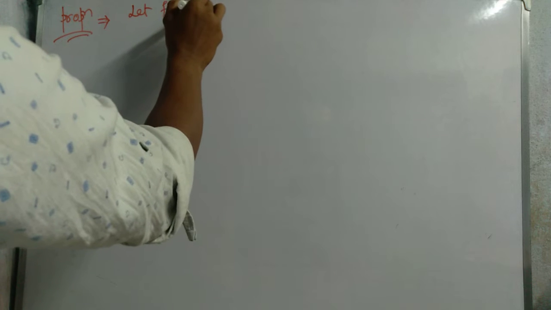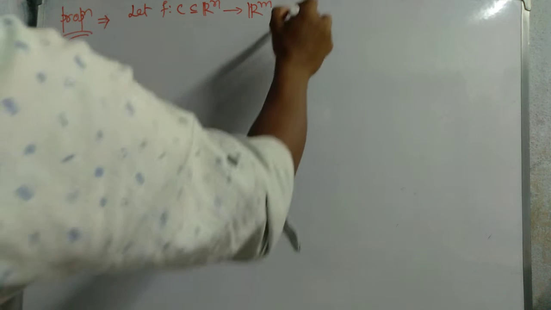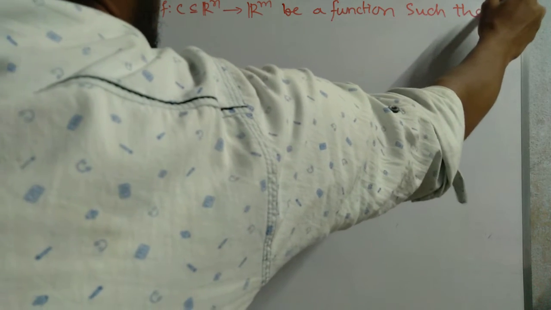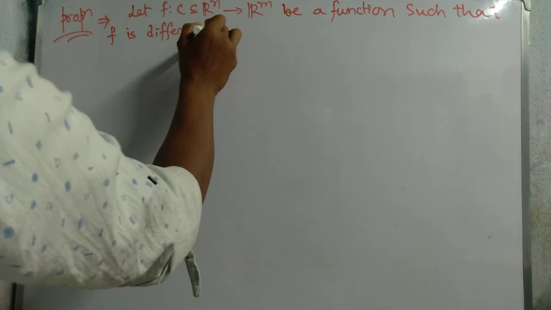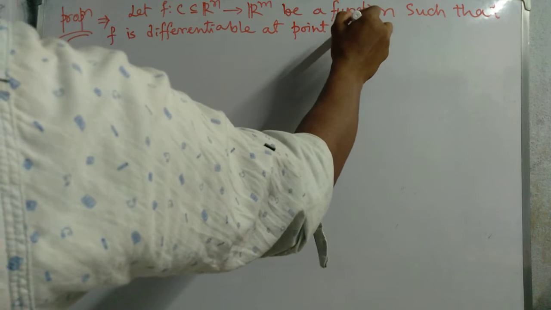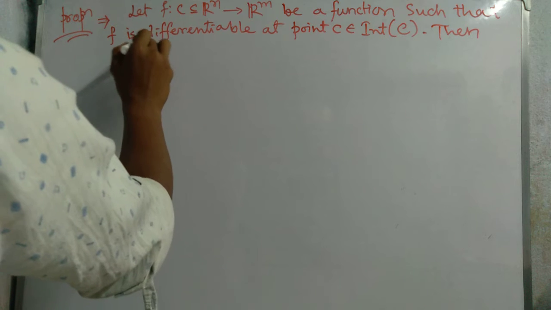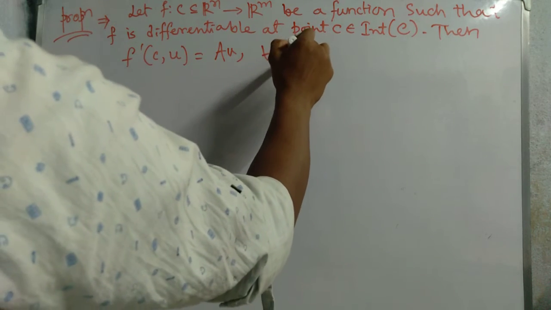Proposition: let f: C subset of Rn to Rm be a function such that f is differentiable at point c belongs to interior of C, then f'(c; u) equals A u for all u belongs to Rn.